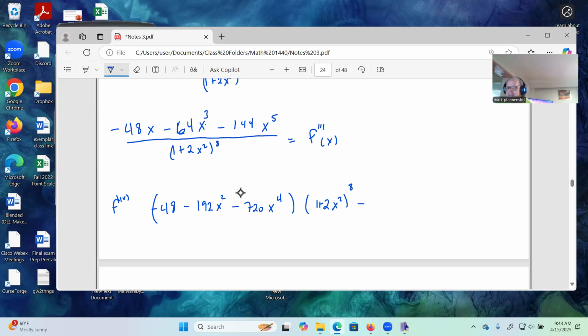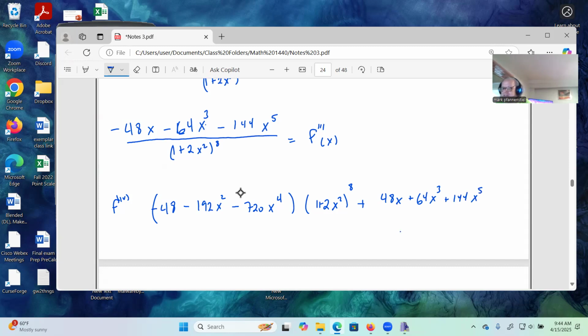Okay, minus the first. So we're going to say minus. Actually, I'm going to factor out a negative sign out of all of this. Notice that all of these are negative, so we're just going to say negative and negative, so plus all of it. So plus 48x, so derivative minus the first, plus 64x cubed, plus 144x to the fifth, times the derivative of the bottom.